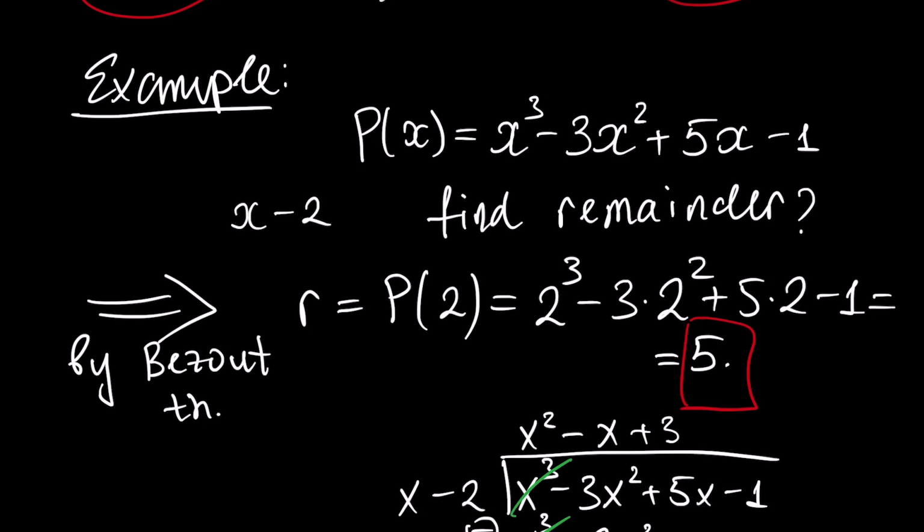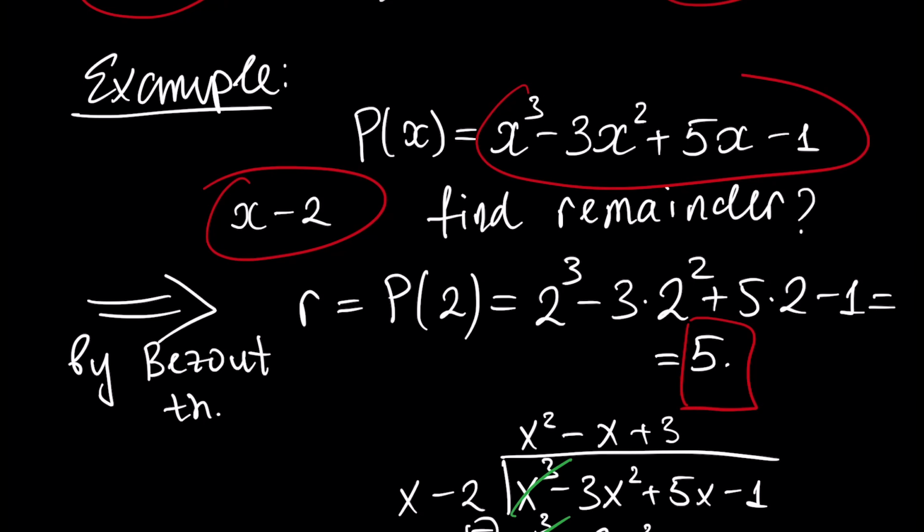Once again, it's very important to understand that when we divide our polynomial by this binomial, the degree of the remainder must be less than the degree of this divisor, x minus 2. And the degree of divisor x minus 2 is equal to 1.